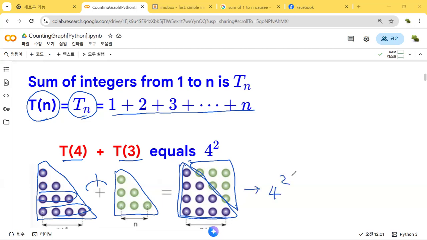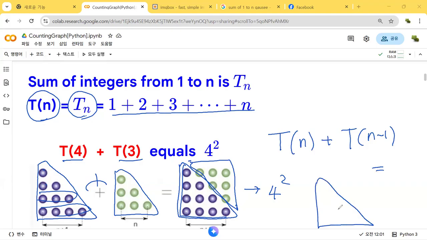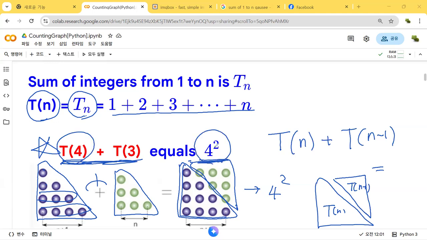Okay. So in general, Tn plus Tn minus 1: this triangle is Tn, and the upper one is a smaller one, Tn minus 1. To generalize this kind of pattern, this one is n squared.